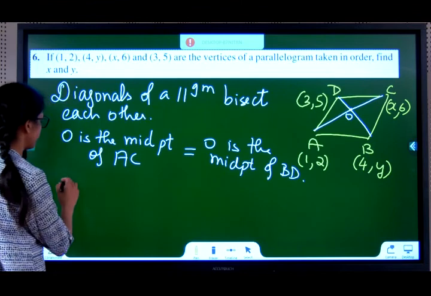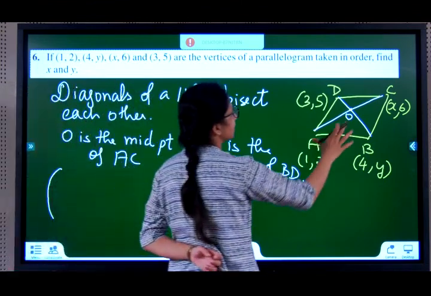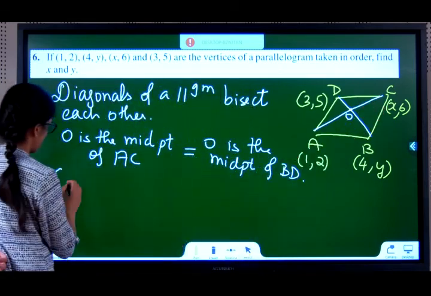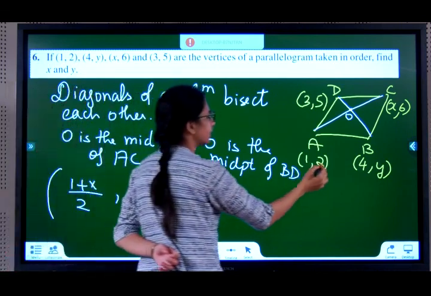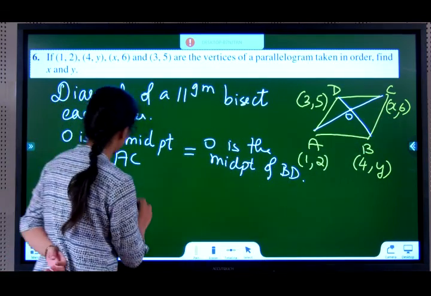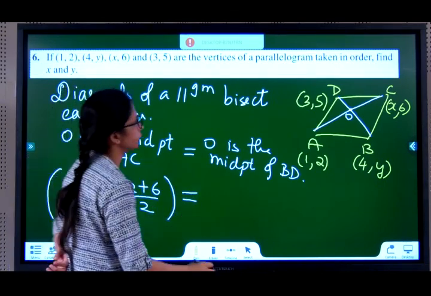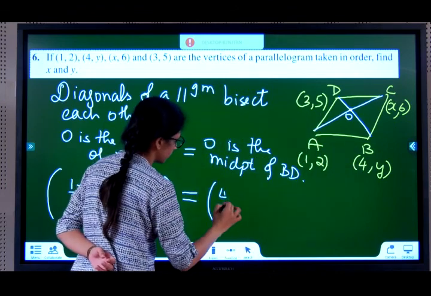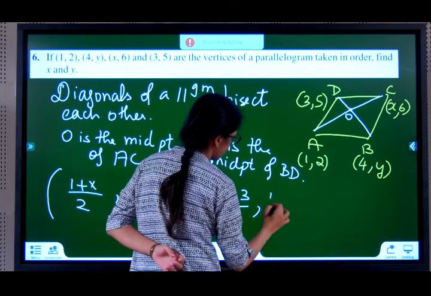So applying the midpoint formula for AC and applying the midpoint formula for BD. For AC, if I apply the midpoint formula, it is (1 + x) by 2, and for the y coordinate, (2 + 6) by 2, is equal to, for BD, (4 + 3) by 2, (y + 5) by 2.